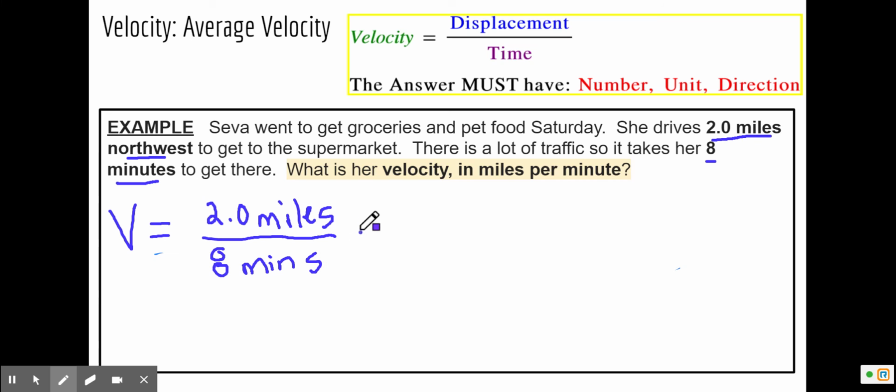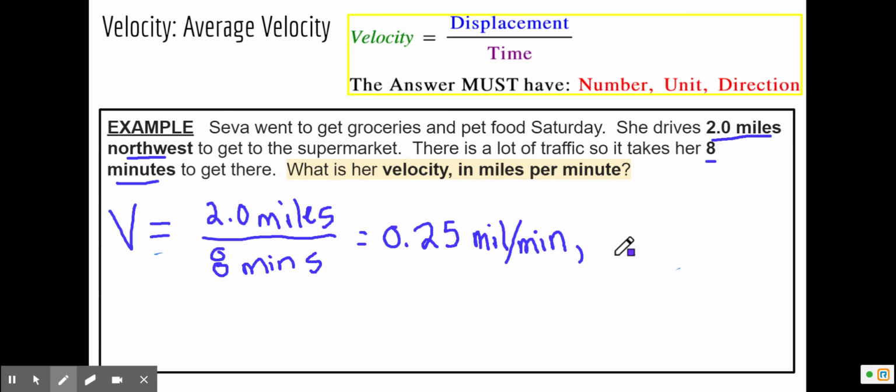When we divide 2 by 8, we get 0.25, and the unit is miles per minute. Now we're not done. We must also add our direction. We must state what direction this magnitude of velocity, which is the same thing as speed, is in.